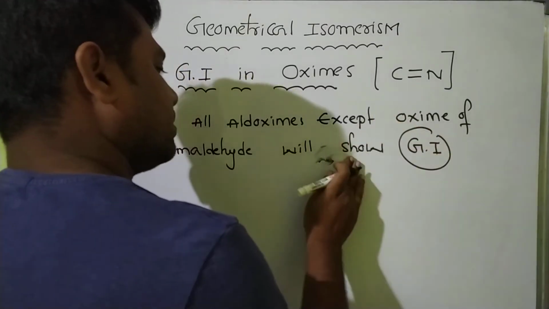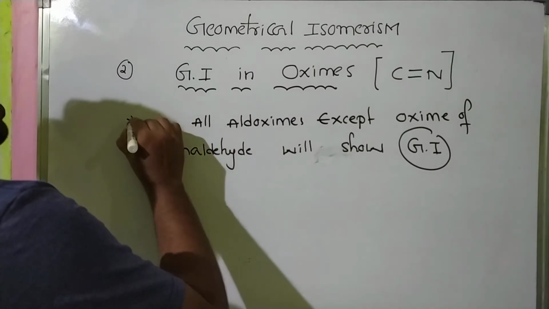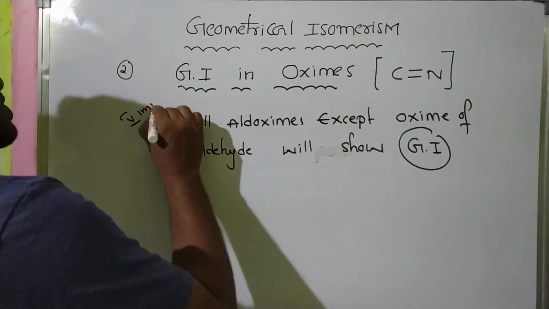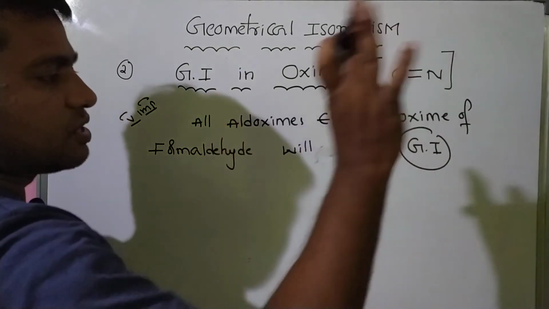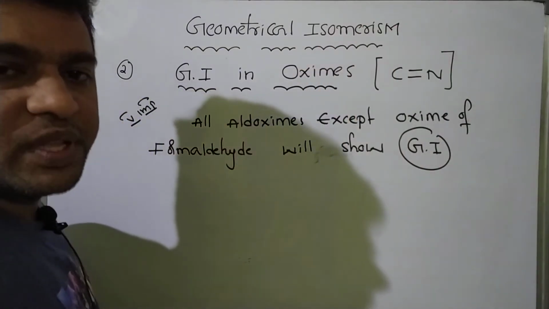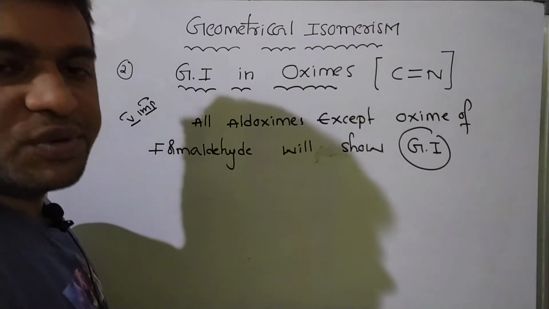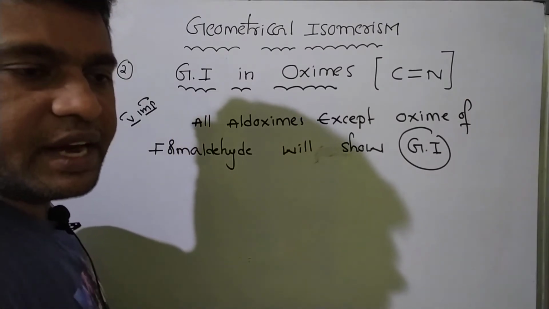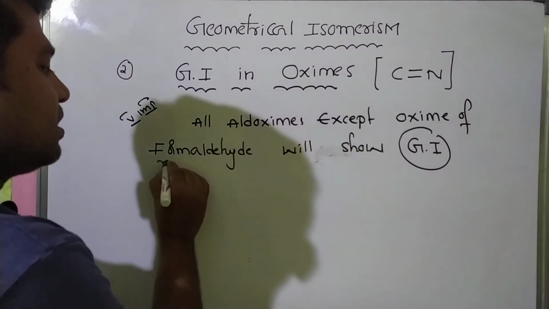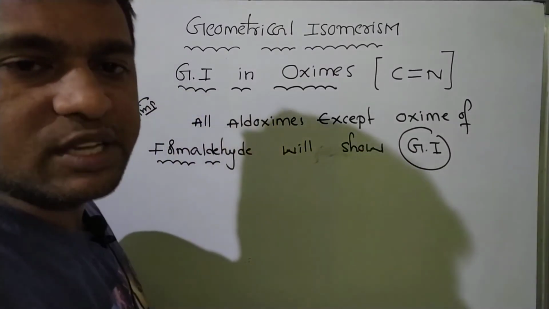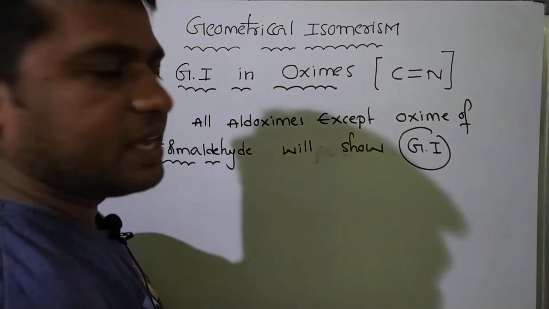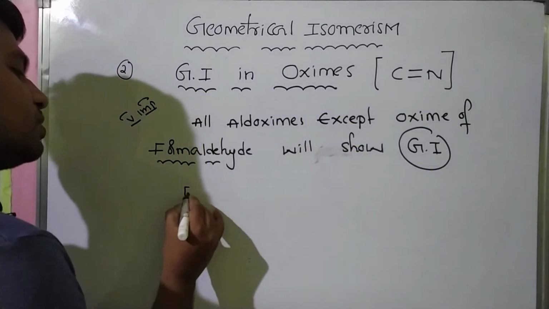Very important. This is a very important point for JEE exams and as well NEET. Any oxime which comes from any aldehyde except formaldehyde will definitely give geometrical isomerism. Okay, understanding? Now some examples.